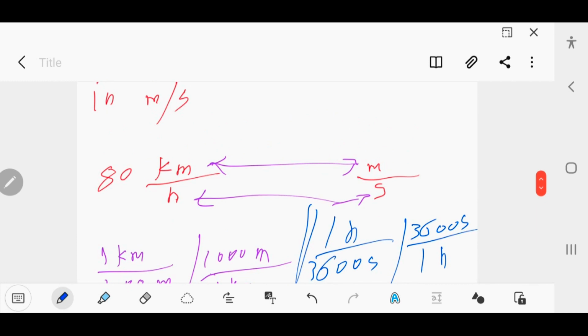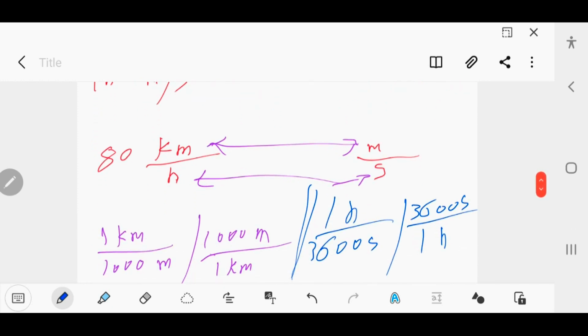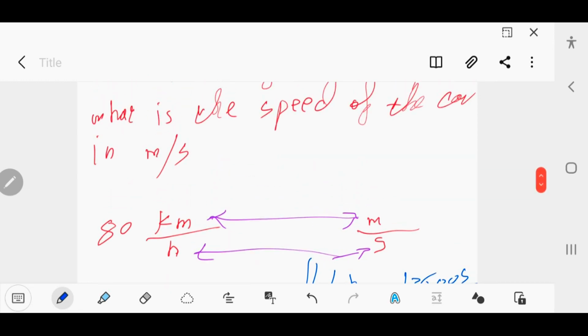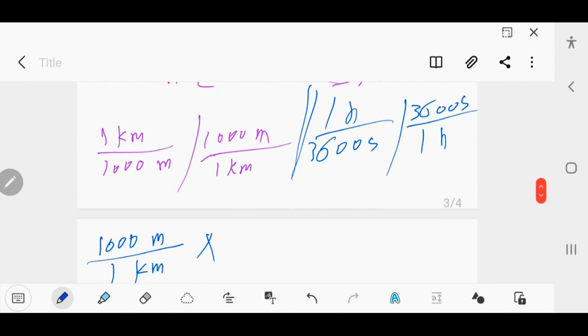Now, what about the time? The time here, as you see, is in denominator. So we should choose the conversion factor where we have second in denominator. So we choose this one here, 1 hour over 3,600 seconds.